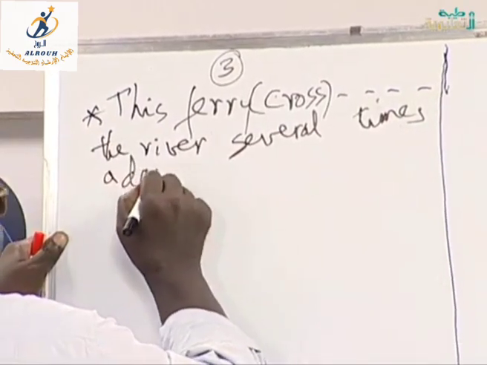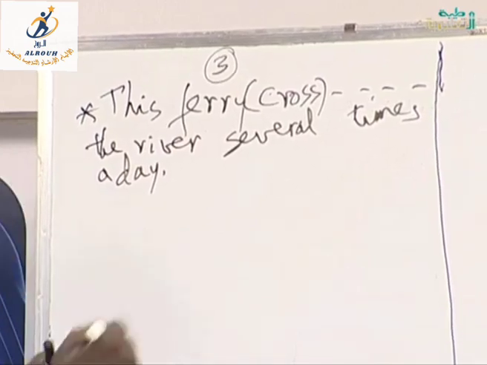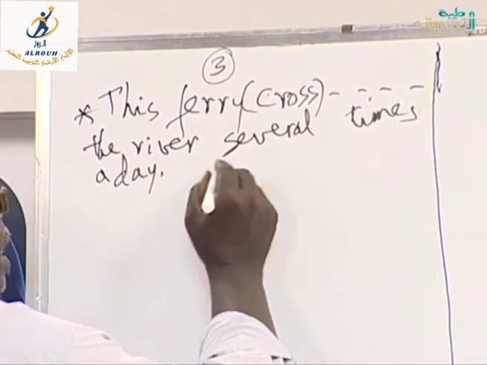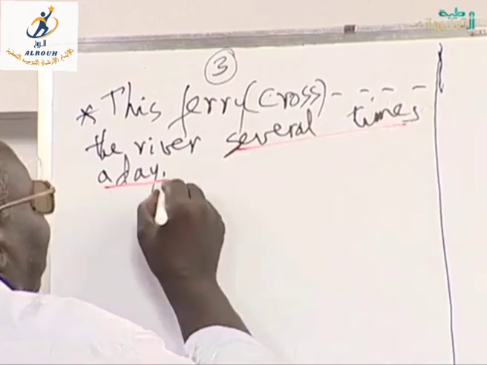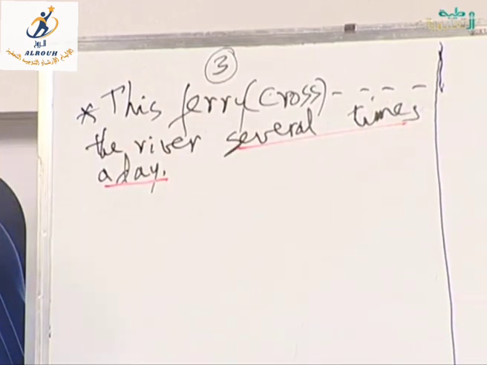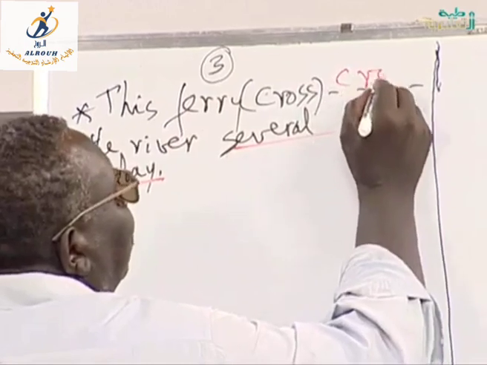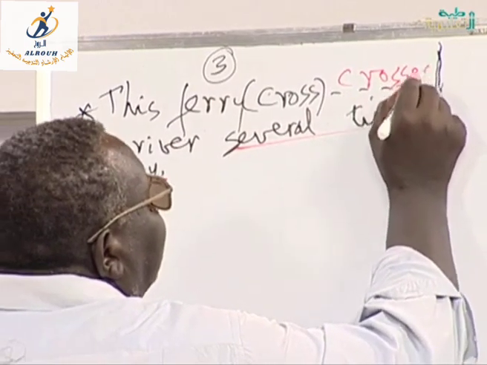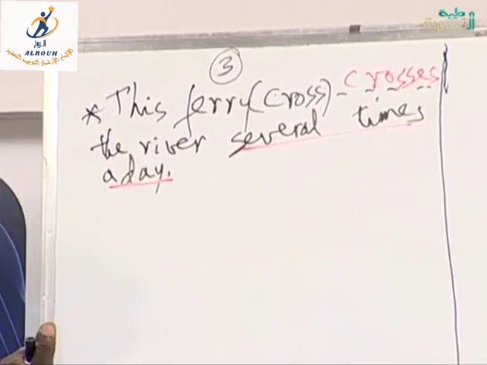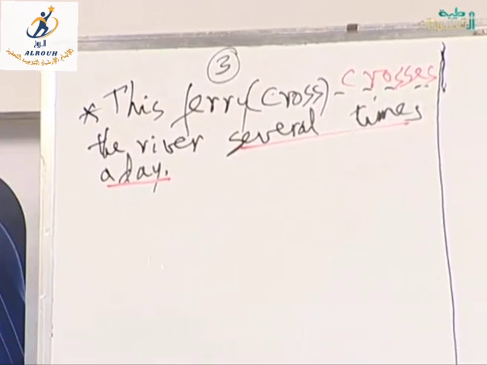Several times a day, عدة مرات في اليوم. So this is the adverb of frequency. We have ferry, معدية or بنطون. The pronoun that can be put here, of course, is it. So you are going to add es to the verb because the verb is ending in double s. So you say crosses. You say, this ferry crosses the river several times a day.